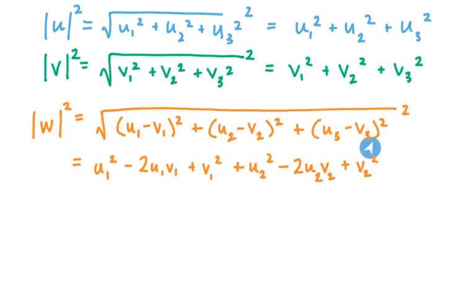And I'm running out of space for squaring this, so I'm just going to write this down on one line. We would get U sub 3 squared minus 2 U sub 3 V sub 3 plus V sub 3 squared. So now I know what the magnitude of U squared is, the magnitude of V squared, and the magnitude of W squared.